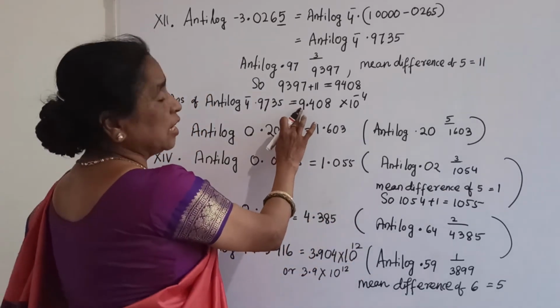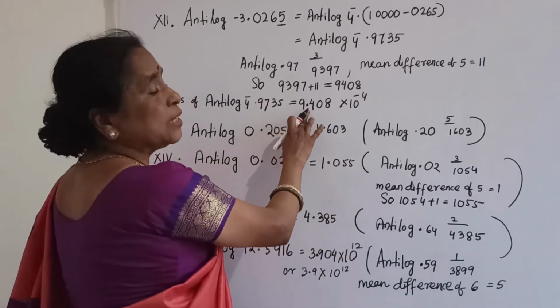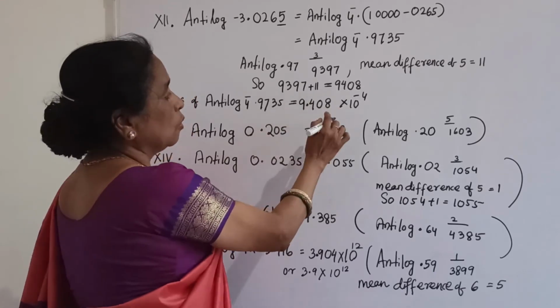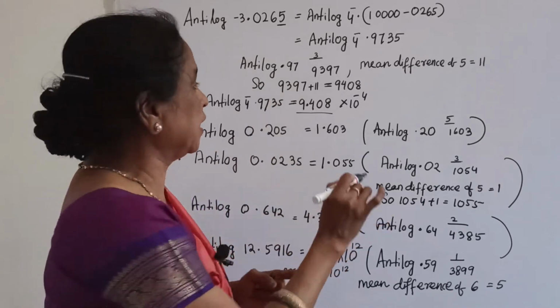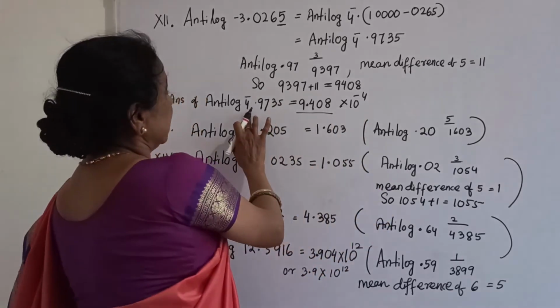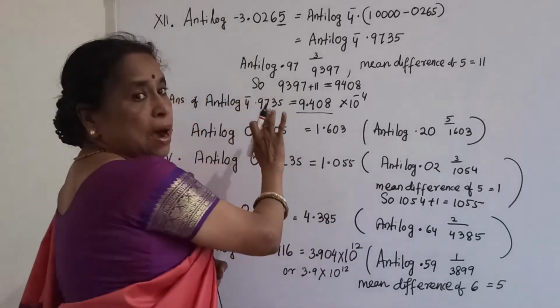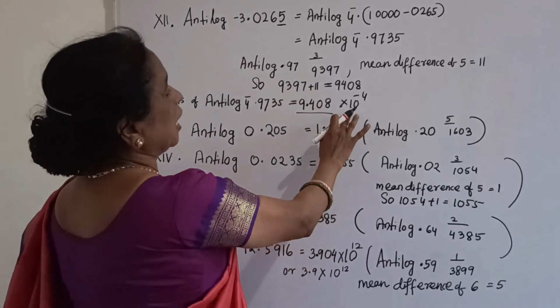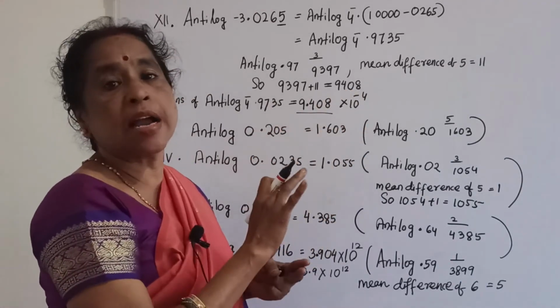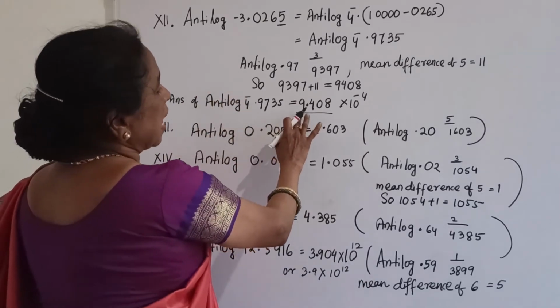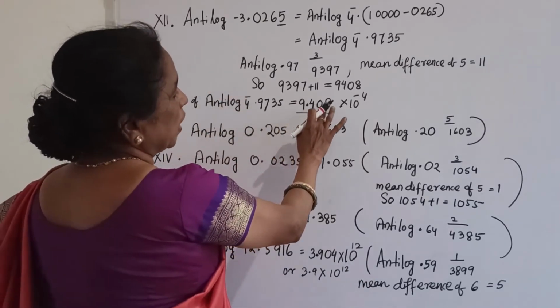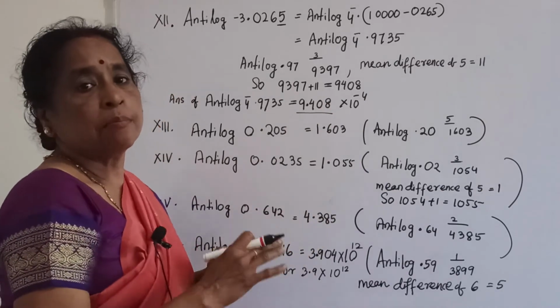So after one digit, that is 9, you put the decimal. The value is 9.408, and since it is 4 bar, you will put 10 to the power minus 4. So the answer is 9.408 times 10 to the power minus 4.